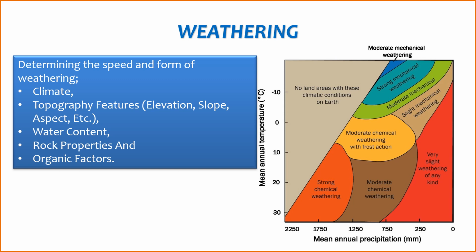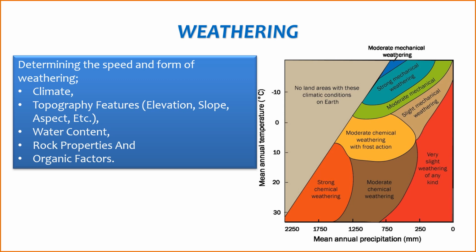Anthropogenic factors, such as pollution and the extraction of resources, can accelerate weathering processes. 8. Water and ice. Freeze-thaw cycles, common in cold climates, can physically break rocks as water seeps into cracks, freezes, and expands. 9. Wind. Wind-blown particles can physically abrade rocks, a process known as abrasion.